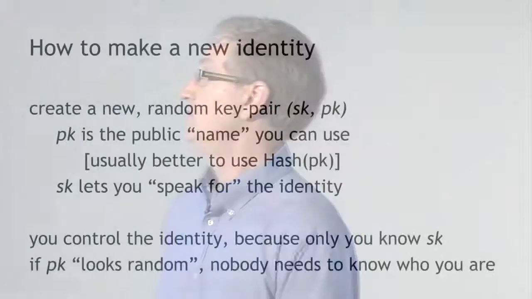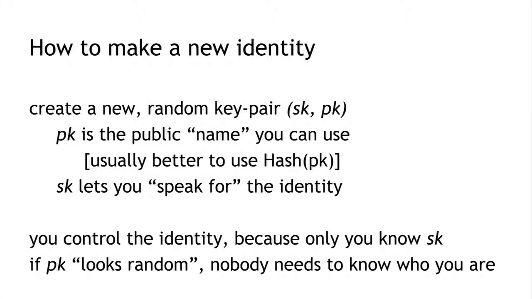All right. So if we're going to treat public keys as identities, one of the consequences is that you can make a new identity whenever you want. If you want to make a new identity, you just create a new random key pair, SK and PK, by doing the generate keys operation in our digital signature scheme. We get out SK and PK. PK is then the public name that you can use.